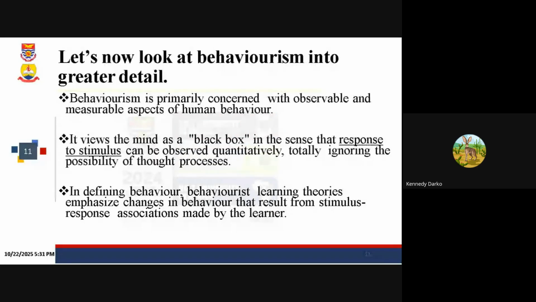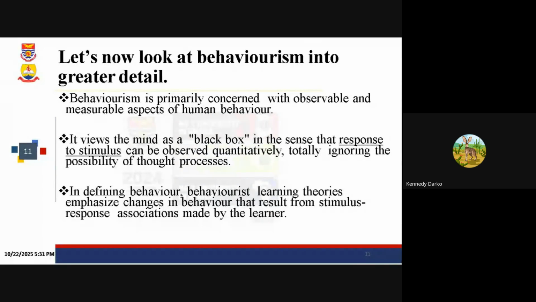So in defining behavior, behaviorist learning theories emphasize changes in behavior that result from stimulus-response associations made by the learner. So when something happens, there should be a cause and effect.